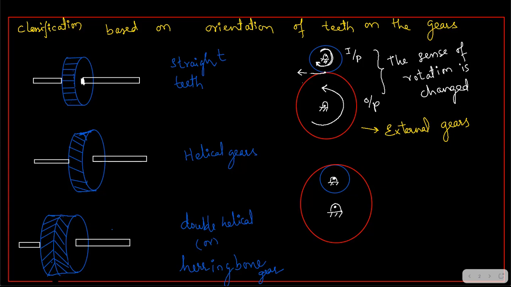Now imagine how the rotation will be if I am giving the blue gear clockwise rotation. So what did I say? We have to imagine a point at the point of contact. So which direction? This direction. So now the red gear also should rotate in the clockwise direction.